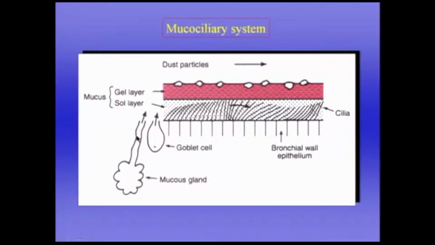And you can see a duct takes the mucus up to the airway, and that's where the mucociliary escalator is located. And the mucus is tenacious. If dust particles fall on it, they're swept up towards the epiglottis, where they're tipped over into the gastrointestinal tract.